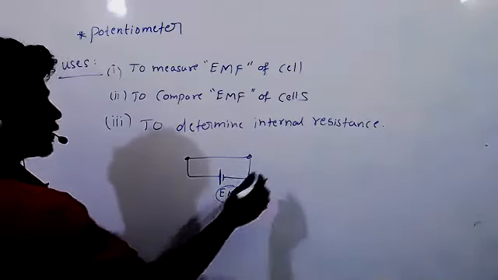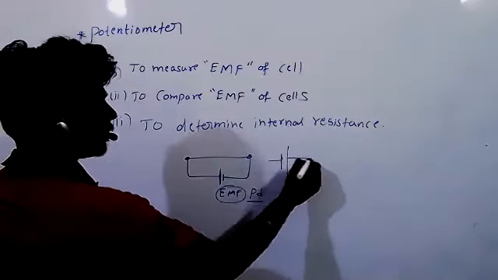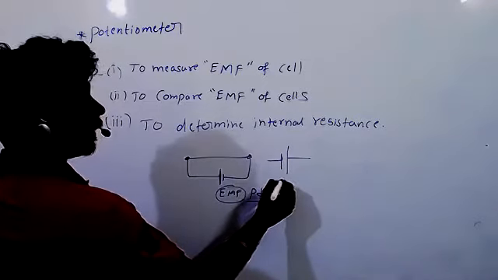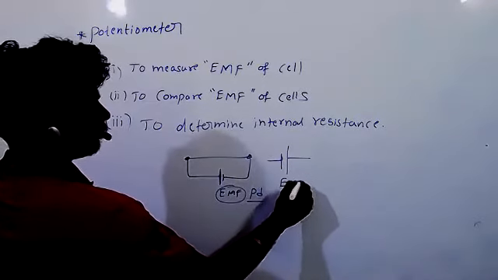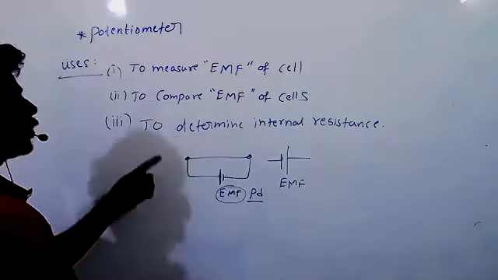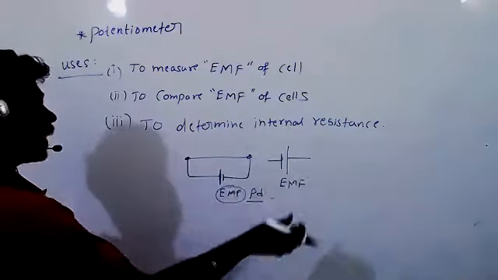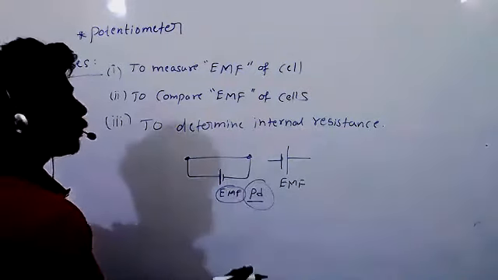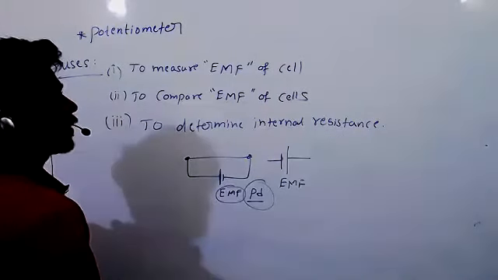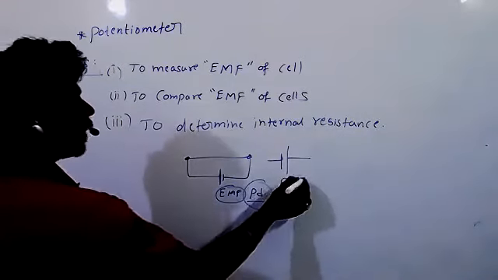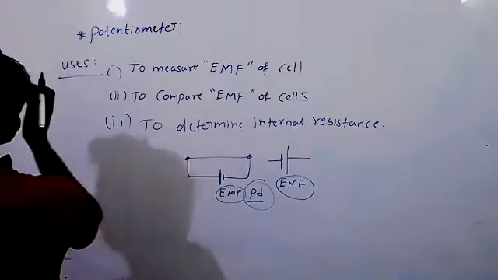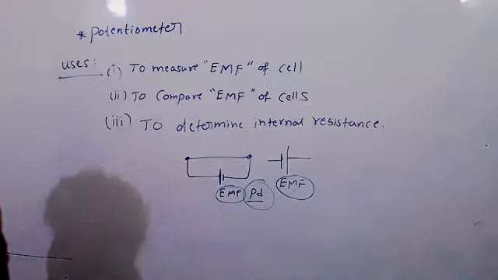This cell is called EMF. If you don't connect it in the circuit, it is EMF; if you connect it in the circuit, it will become potential difference. EMF means electromotive force. Whom will it motivate? It will motivate the electrons to move from one place to another.